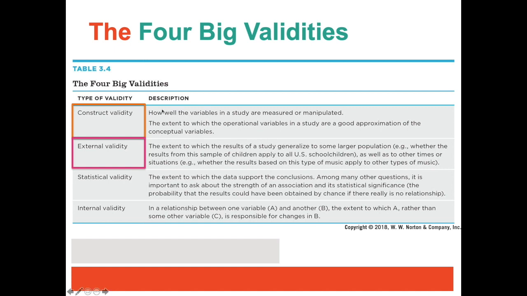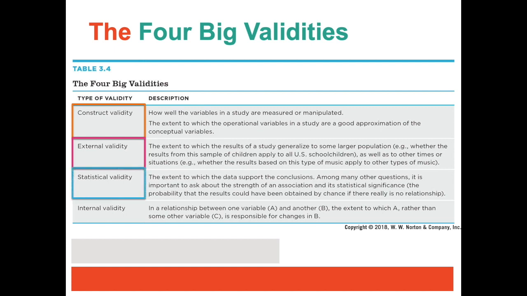An example: whether the results based on this type of music apply to other types of music. That would be external validity. We try a study, we find music helps people relax. Maybe it's just that type of music, or maybe it's other types of music. Maybe it's just music in general. That would be a question of external validity.